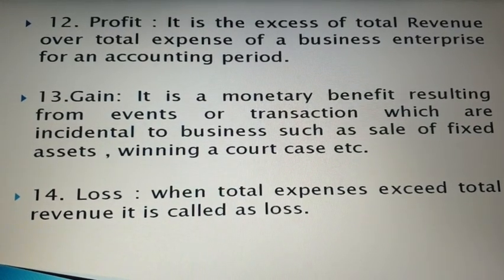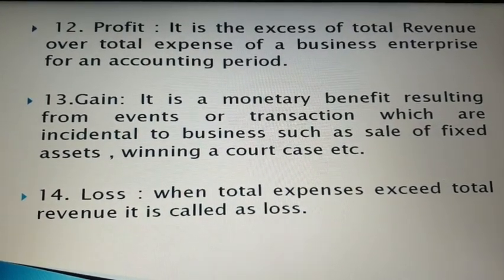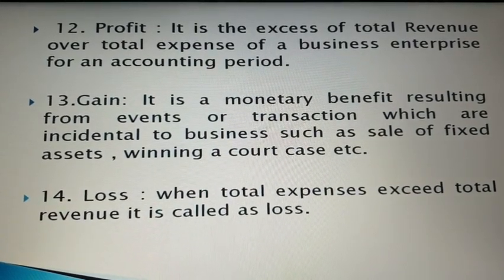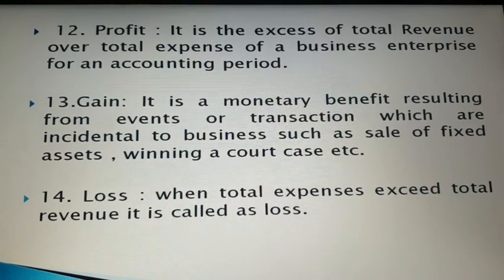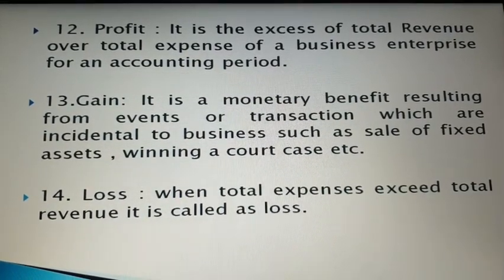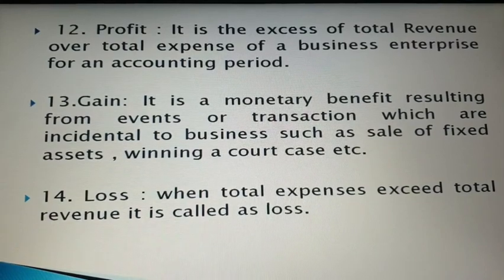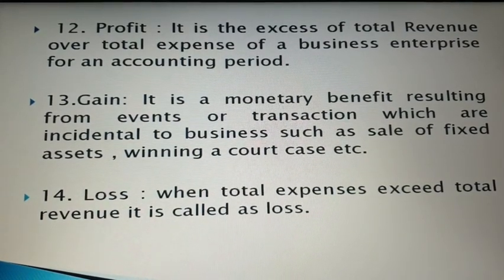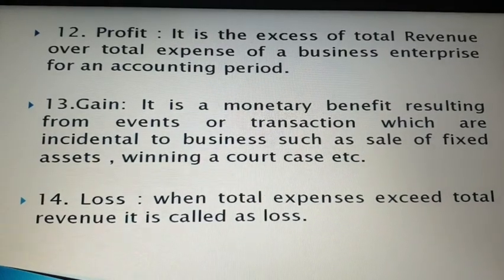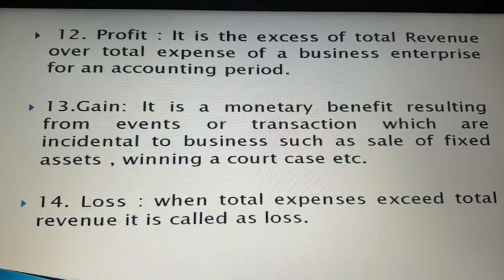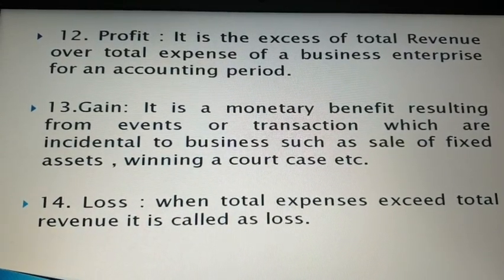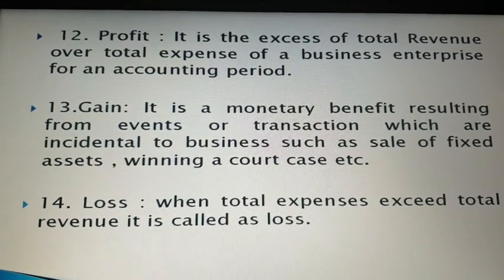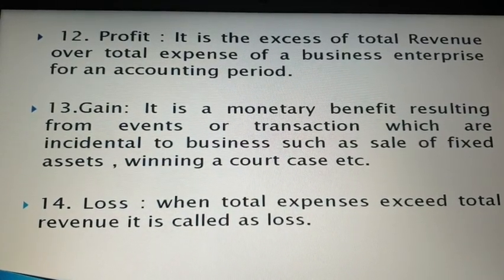So in an accounting period, that is a period of 12 months, when your total revenue is greater than your total expense, the difference will be considered as a profit. So the most important terms here are total revenue and total expense. Is it clear to everyone? If total revenue is greater than total expense, then it is a profit.